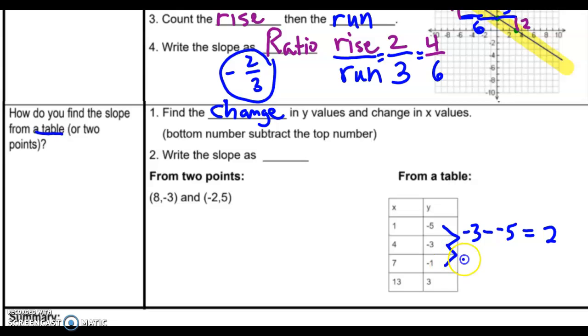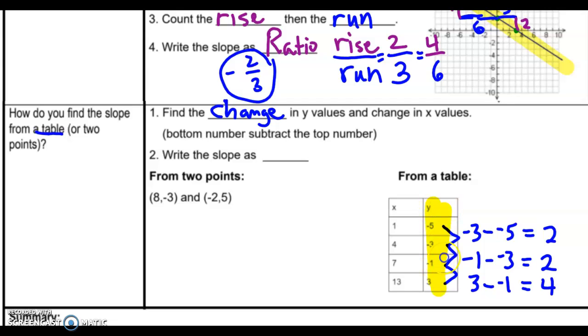And then I'm going to do negative 1, subtract negative 3, and I get 2. And you can type these in your calculator because most kids aren't the best. And then 3, subtract negative 1 is 4. Okay, so that's the change in y values.